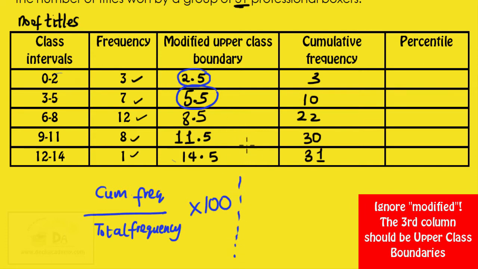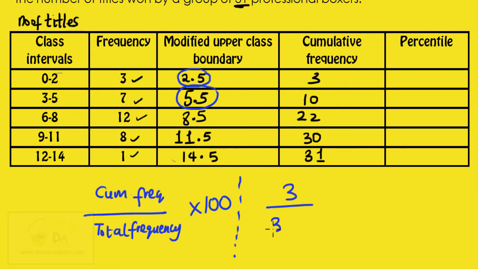So for this upper class boundary of 2.5, the cumulative frequency is 3 divided by the total frequency. If you add it up, you find that's 31 multiplied by 100 to give 9.7, or we could say approximately 10.